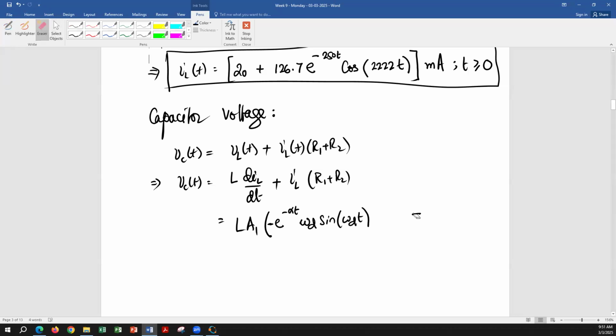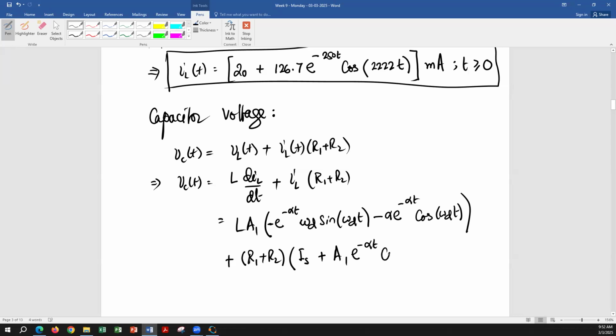And then the derivative of the exponential term, which will be negative alpha e to the power negative alpha t cosine omega d t. So that's the derivative of the current, and then R1 plus R2 times the current, which is IS plus A1 e to the power negative alpha t cosine omega d t.